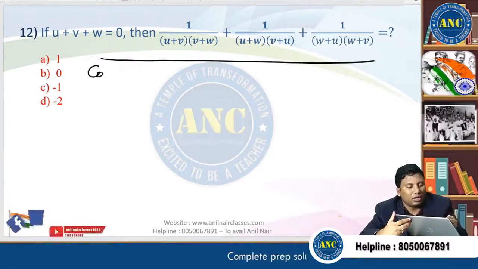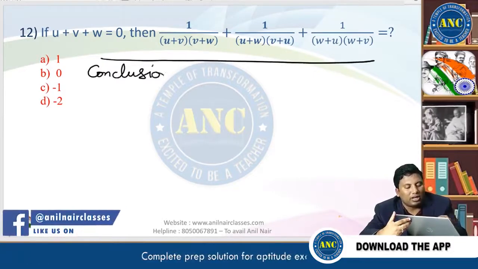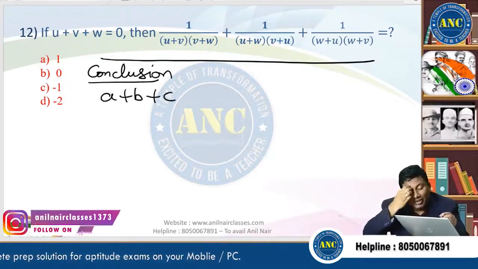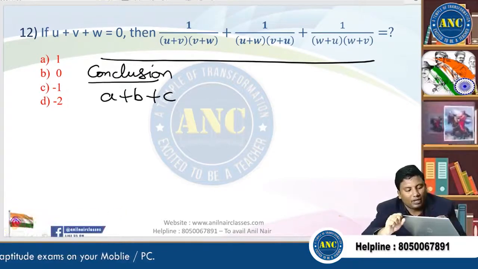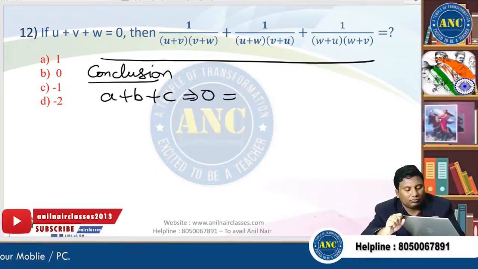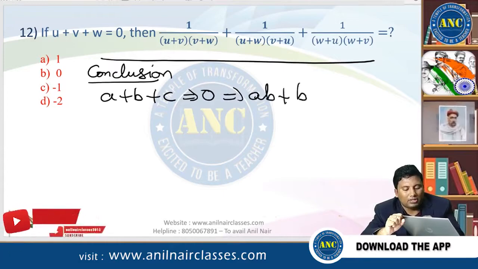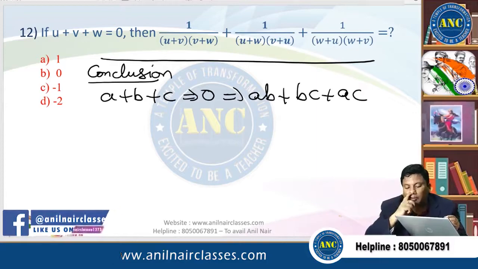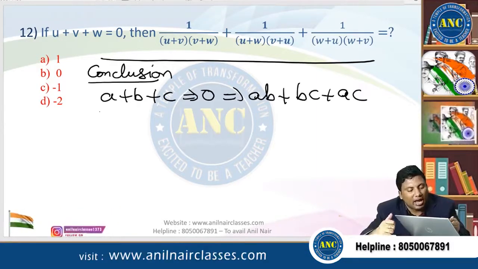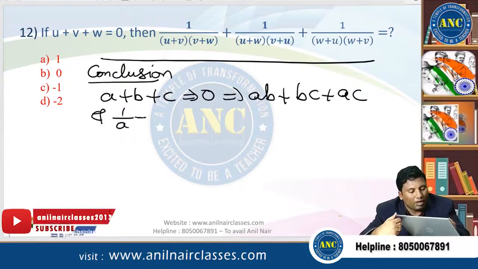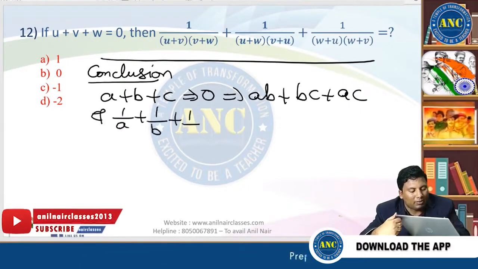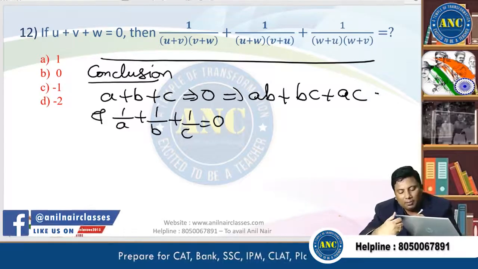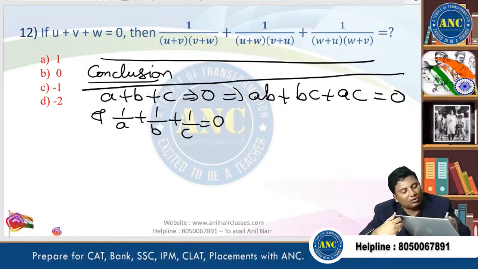Conclusion. What is the conclusion? If a plus b plus c is 0, then ab plus bc plus ac, and 1 by a plus 1 by b plus 1 by c is 0, ab plus bc plus ac will also be 0.